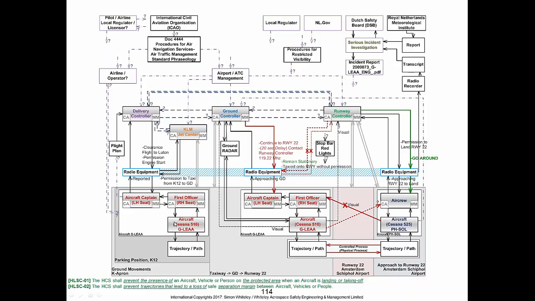Then as G Lear taxied, they moved from the Kilo Apron onto the taxiway, and so they became under the notional control of the ground controller. And then, as I said earlier about boundaries between responsibilities and loss of coordination between controllers, when G Lear went from the taxiway to runway 22, there was an implicit change in the control structure between the ground controller and the runway controller.